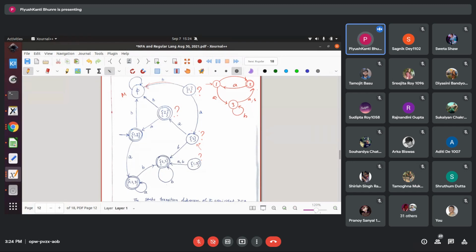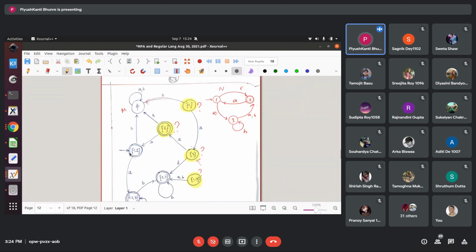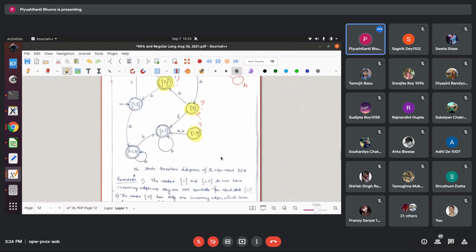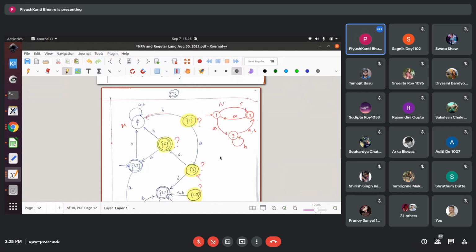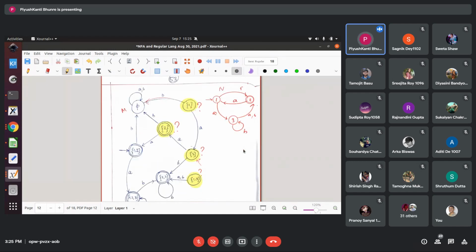So these four states, I can make a box around them, or maybe I can highlight here: this one, this one, this one. These states cannot be reached from the starting state, so we can remove them, and we can give the finite automata that simulates the non-deterministic machine and accepts the same language.